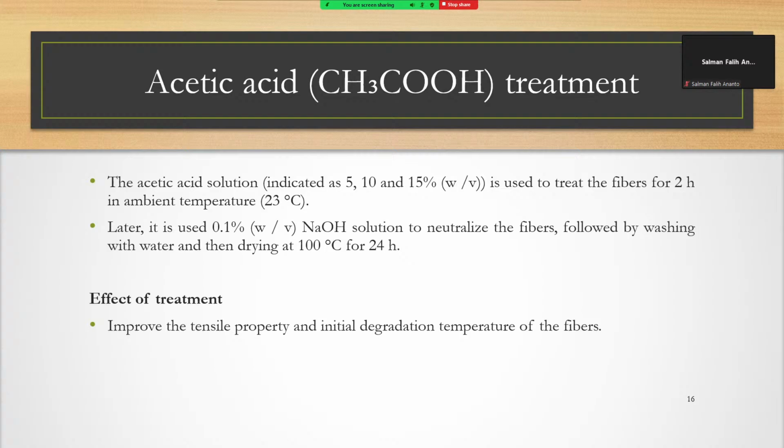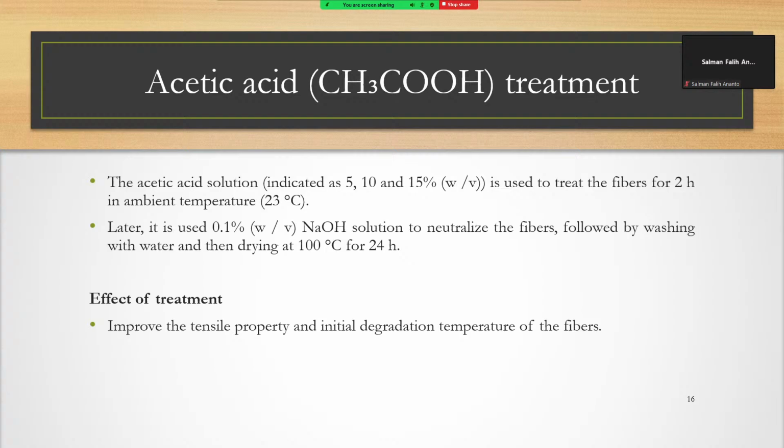In silane treatment, some amount of vinyl trimethoxysilane or aminopropyl triethoxysilane is mixed with an ethanol water mixture using the ratio 60 to 40.